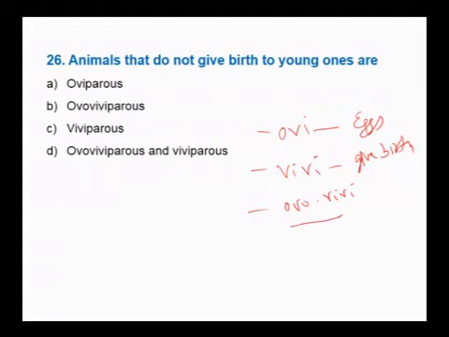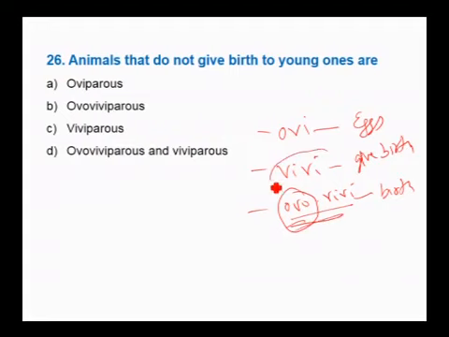In ovoviviparous, they give birth to young ones, but the developing embryo depends on the food which is already stored in the egg. Here, the mother is not directly providing any nourishment while it is inside the body. Therefore, we call them ovoviviparous animals. See, peripatus and shark come under ovoviviparous animals.